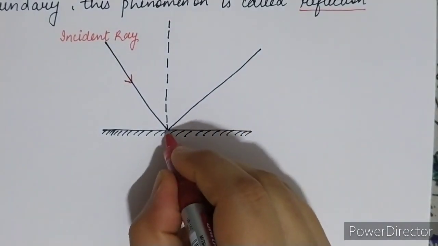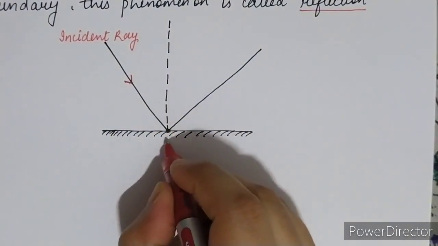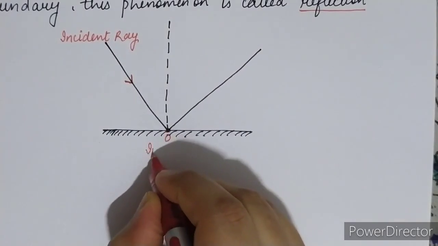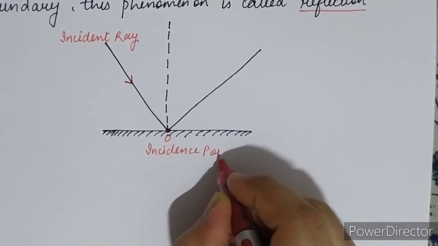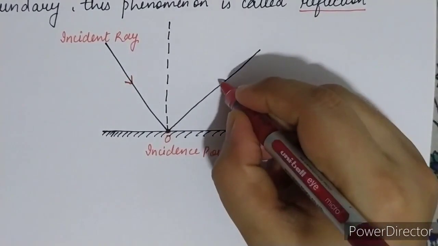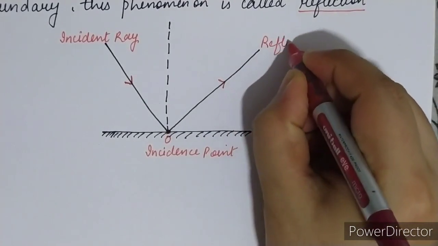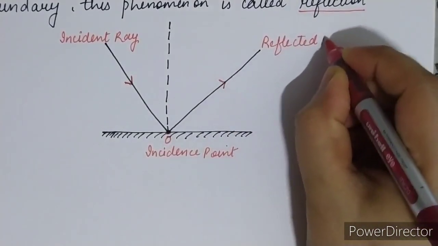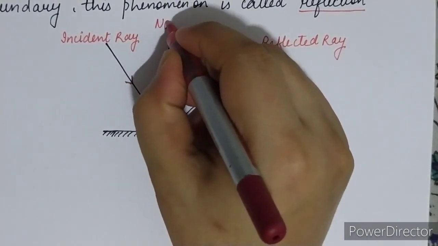The point where it is incident on the reflecting surface is your incident point. After this it is reflected, so this is your reflected ray, and the line of the normal is your normal ray.